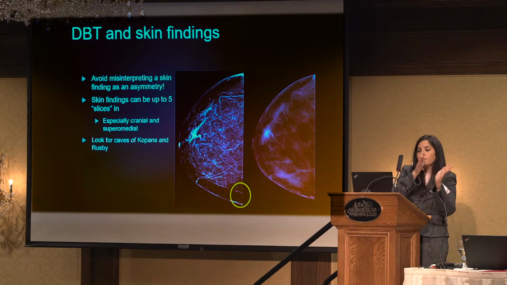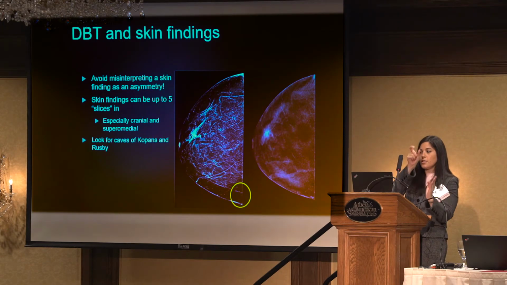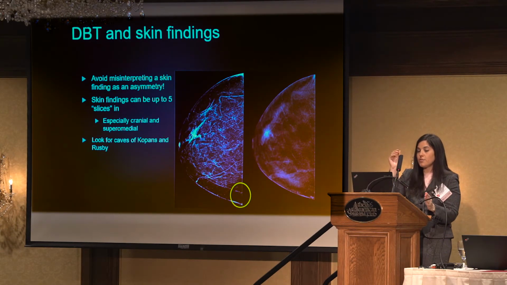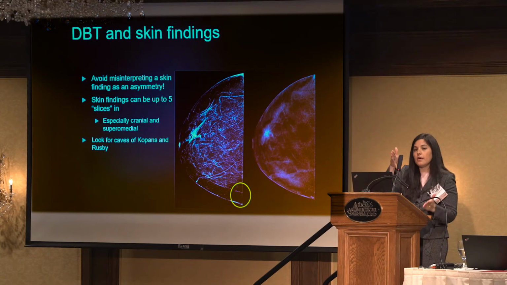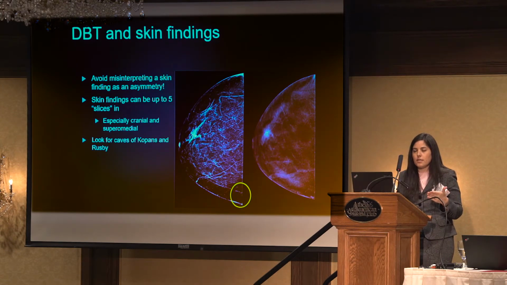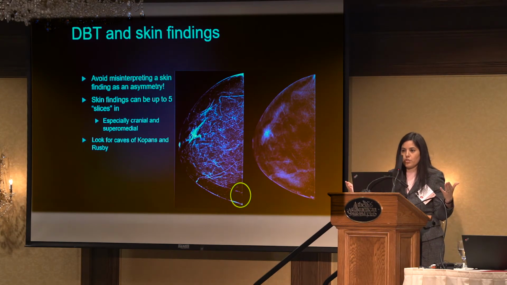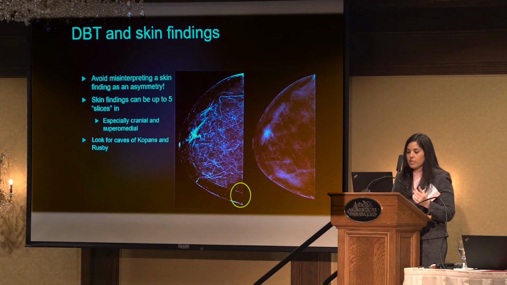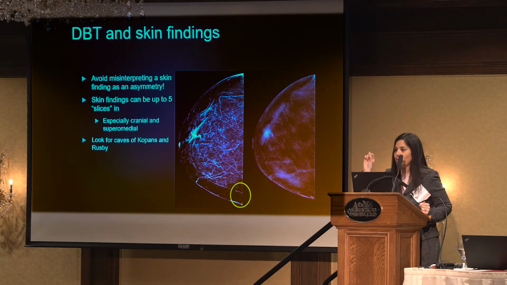So the machine doesn't know if the breast is compressed this thin or this thin. So it adds extra slices. So skin findings can actually appear to be five slices in. And for a lot of people initially that was disconcerting because they expect it to be on the most superficial slice or two. But really, studies have shown, look for those caves of Cooper, what we thought were skin pores initially, right?